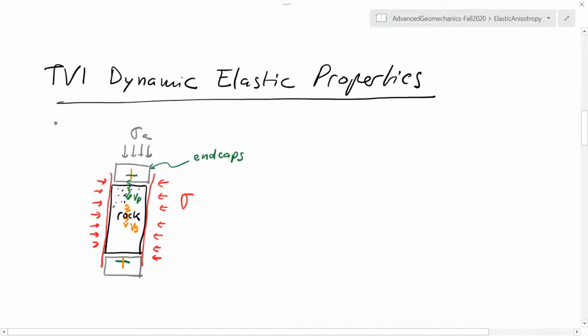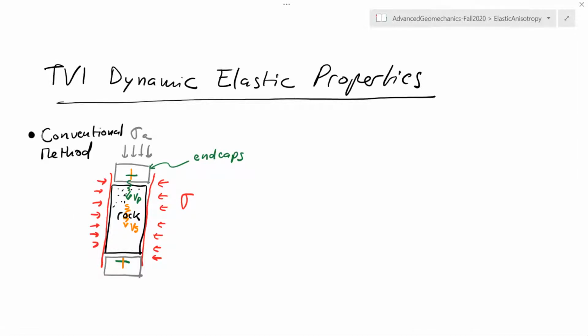So let me add here that this is the conventional method, and I'll talk a little bit later about other non-conventional methods as well. Okay, so let's use this conventional method now in order to identify what these P and S waves are.